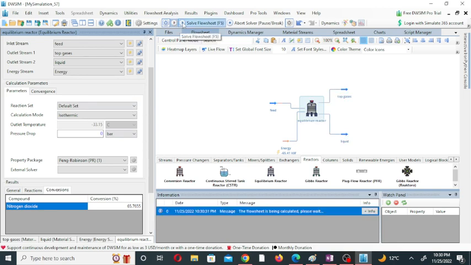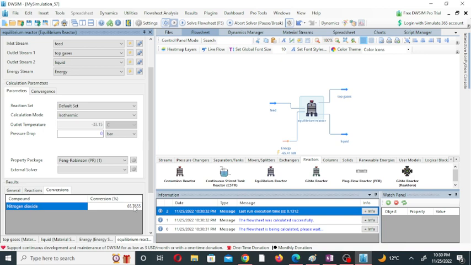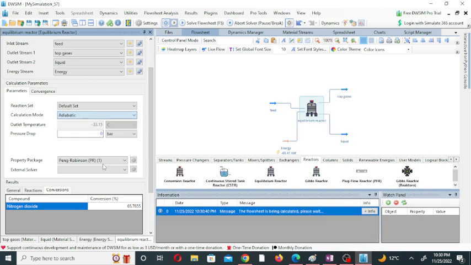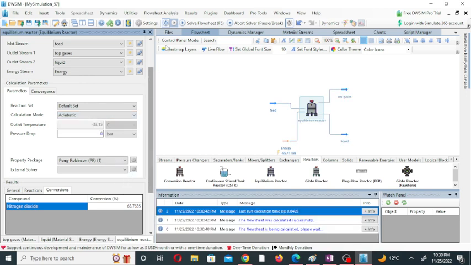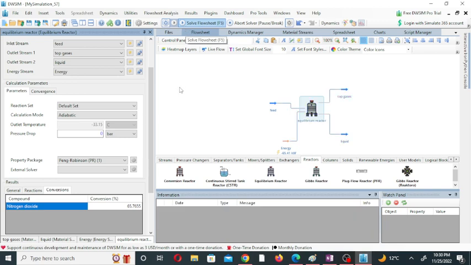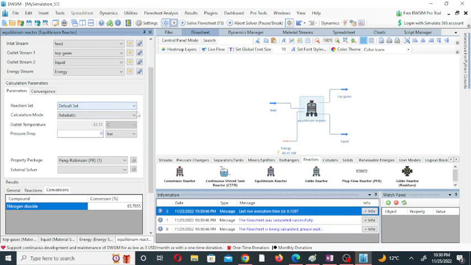Click on solve. So it is 65% conversion, and for the adiabatic case it will be equal to 65.76, and for isothermal, this is the equilibrium conversion for the isothermal reactor, 65.76.